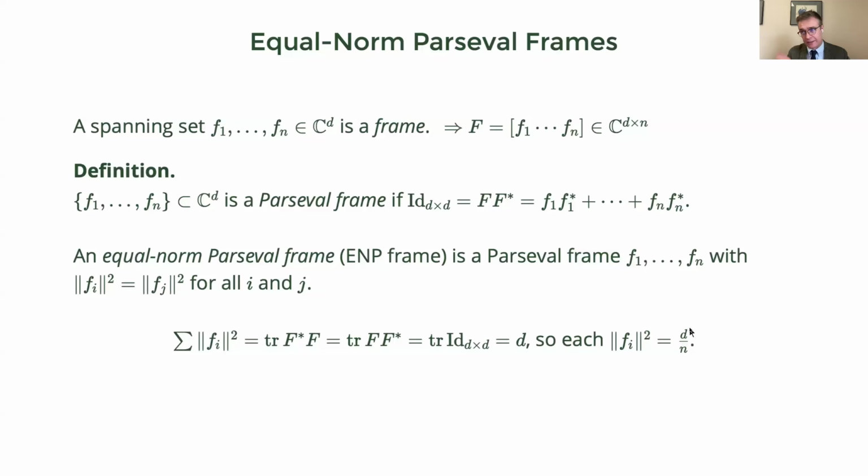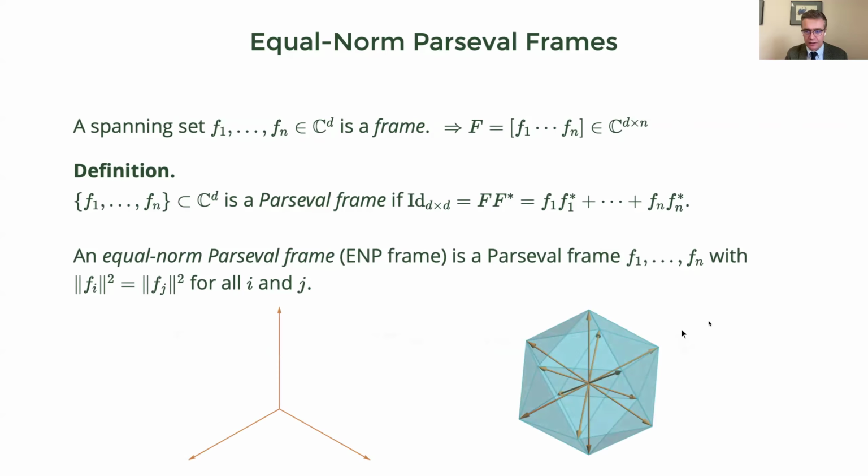So it's not just that the norms are all the same, it's what they'd have to be equal to. And here are pictures of two simple examples of equal norm Parseval frames: 3 vectors in R^2, and 12 vectors in R^3.